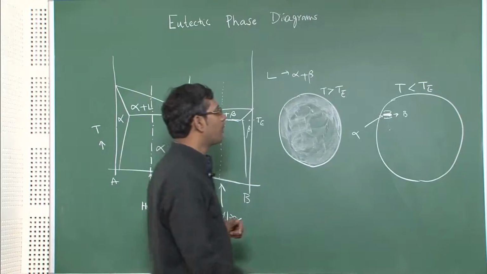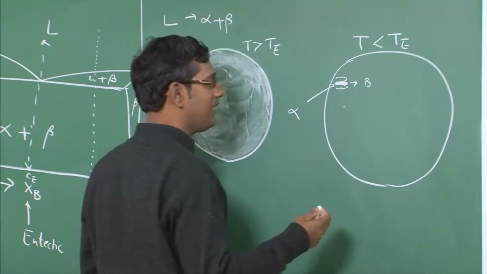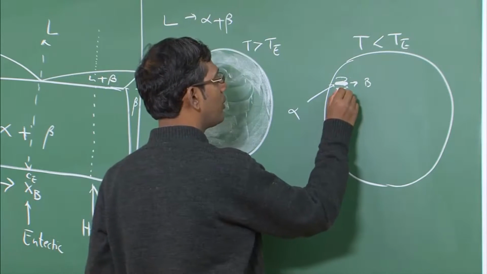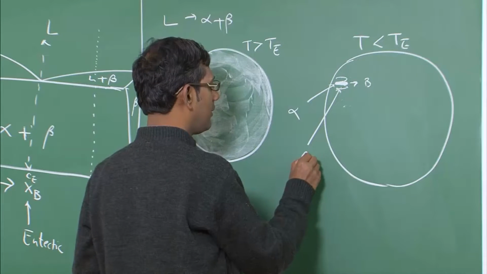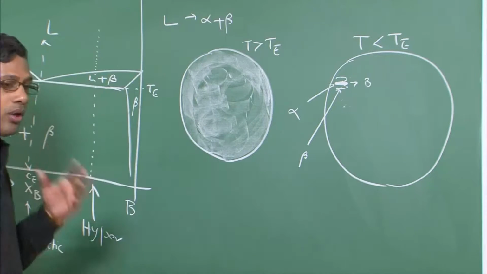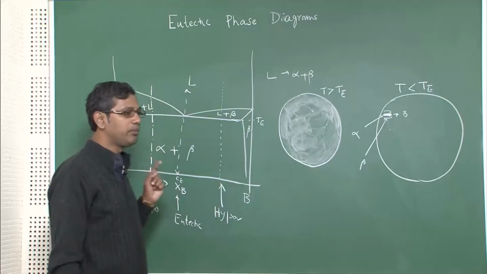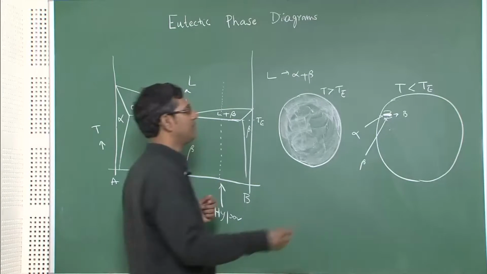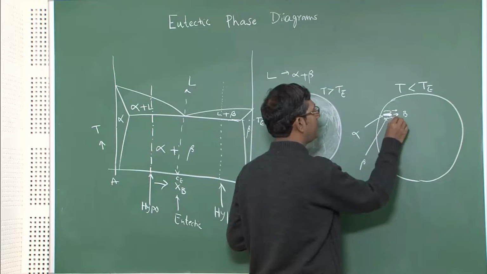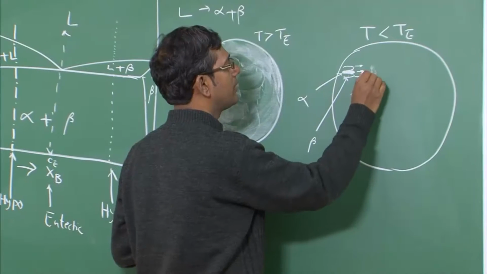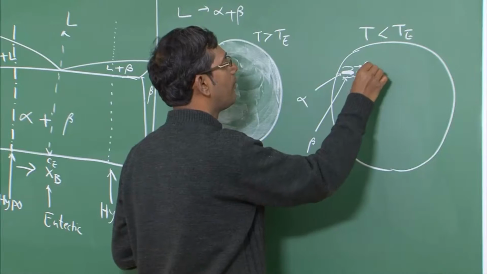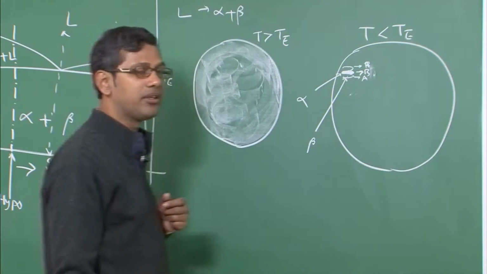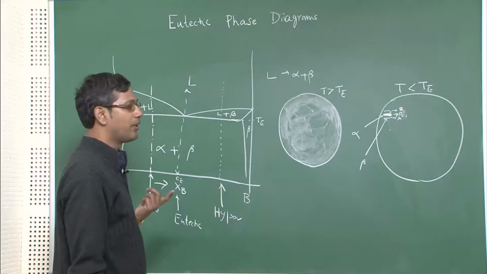As you know, for growth of beta you need more B. So all the A will be rejected in front of and at the sides of beta.